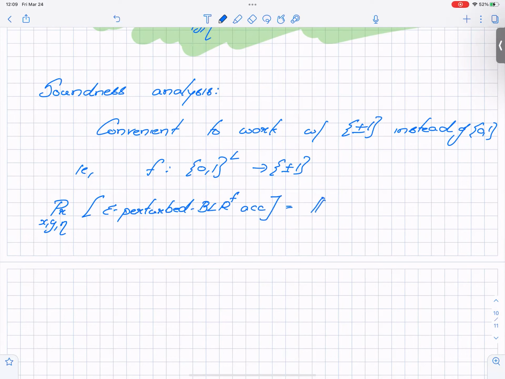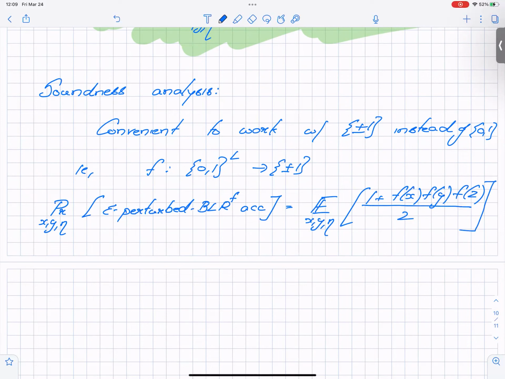This is exactly the expected value over x, y, and eta of (1 + f(x)f(y)f(z))/2, because in the plus-minus world, if it's 0, that is 1, so that's the probability with which it accepts.